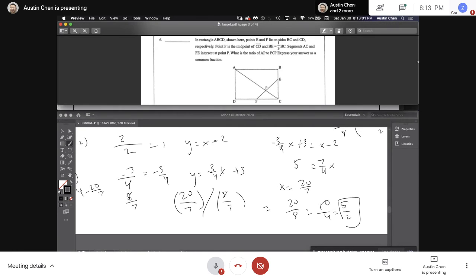That's our answer. Anything you want to say there, Bill? Okay, so the nice part about this problem is just that you can manipulate the size to be whatever you want.